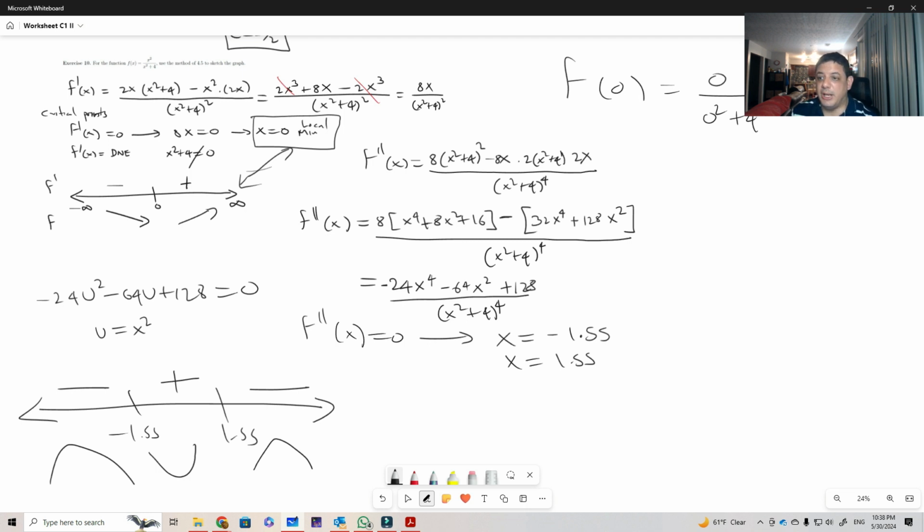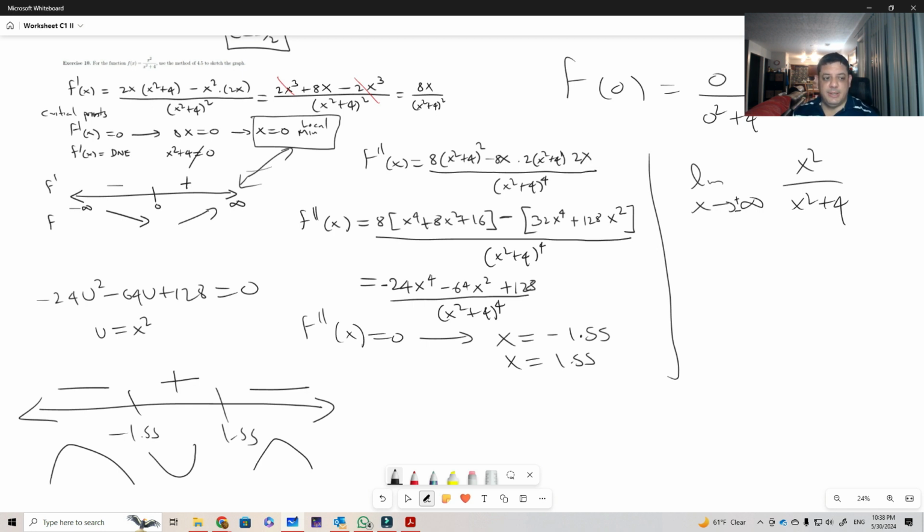And we can also find asymptotes in here. When you take the limit as x goes to infinity of x squared over x squared plus 4, and notice that it can be plus or minus infinity, it doesn't matter, it's going to be the same.